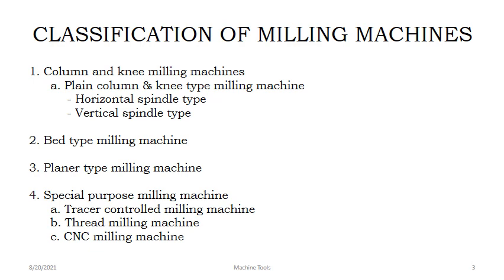The main thing you have to concentrate on: 90% of the time they use the horizontal spindle type and vertical spindle type milling machine, that is, the plain column and knee type milling machine.